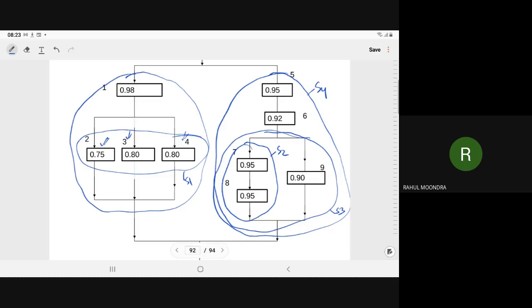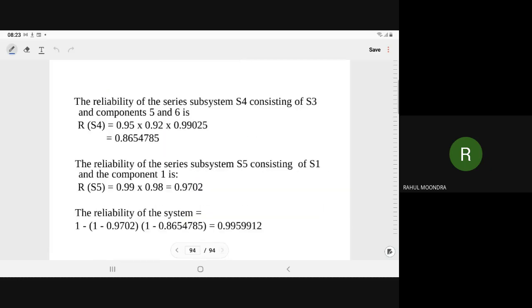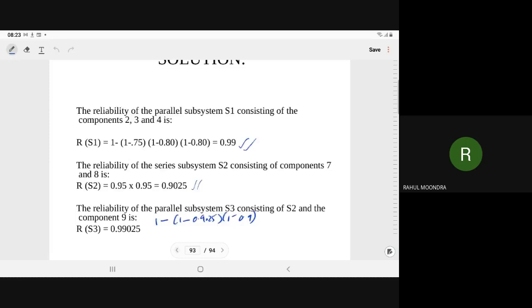So the reliability of subsystem S4 will become 0.95 into 0.92 into 0.99025, so it will be 0.8654785.